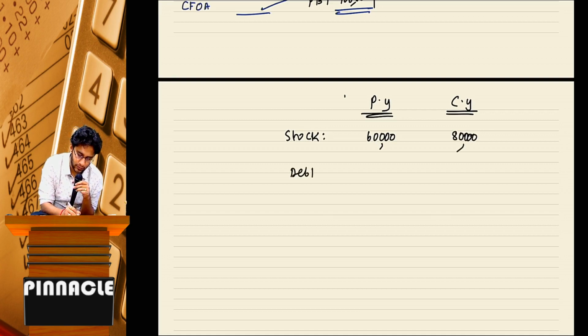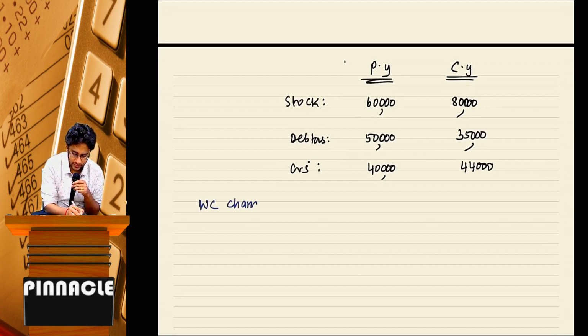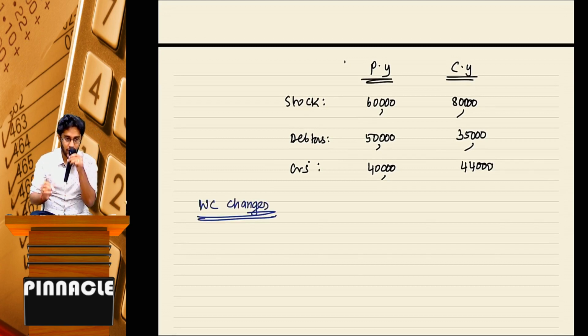Then last year debtors 50,000, this year debtors 35,000. Then creditors, last year 40,000, this year 44,000. They will ask you to do working capital changes for this.